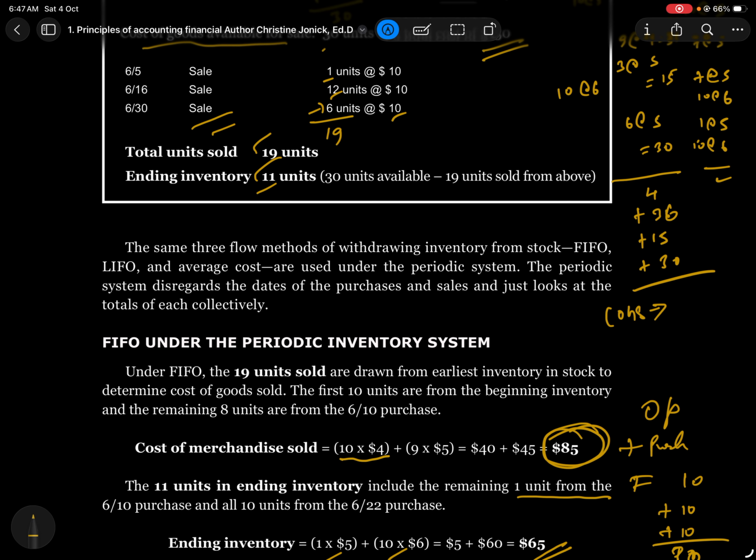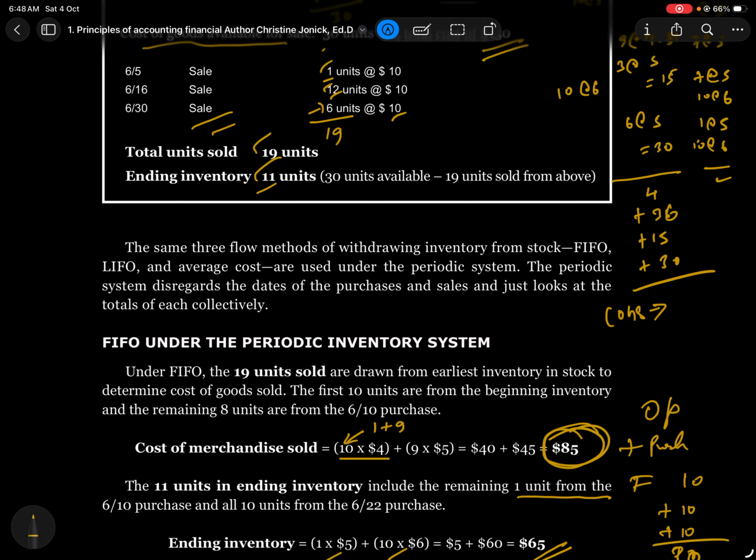So what this is doing is basically nothing but this 10. It's saying first 10 from the beginning inventory, right? This 10 is basically 1 plus 9. Because we are selling 1 unit over here, then we are selling 12 units, right?